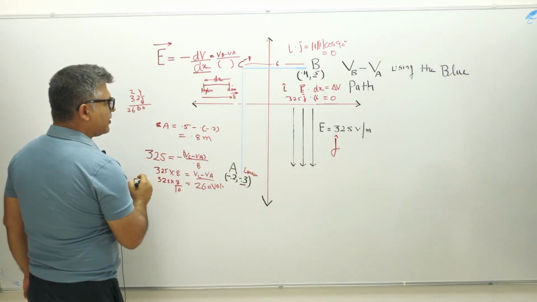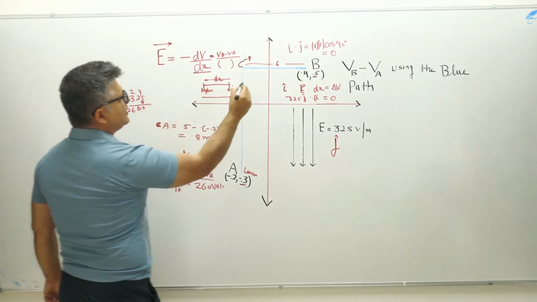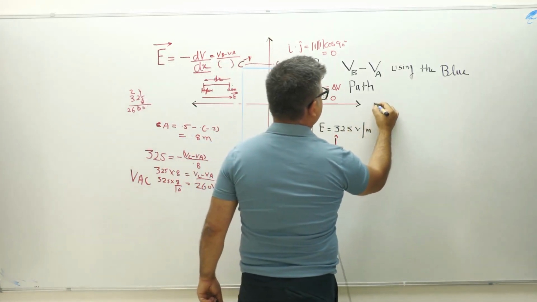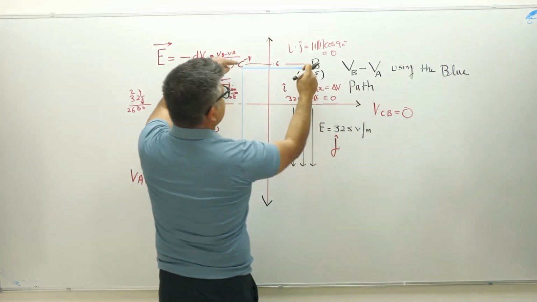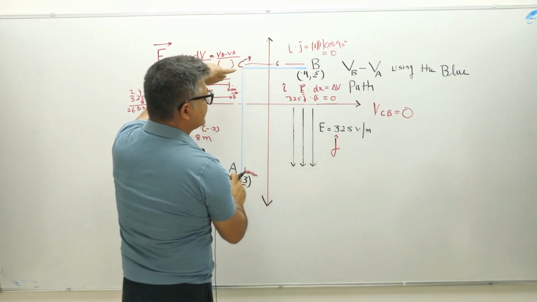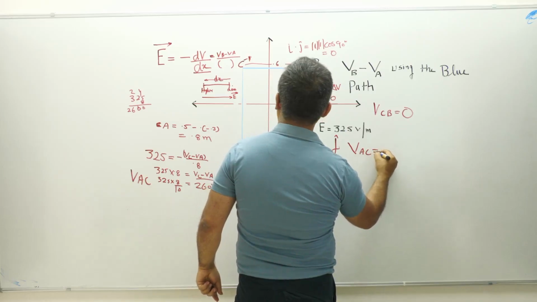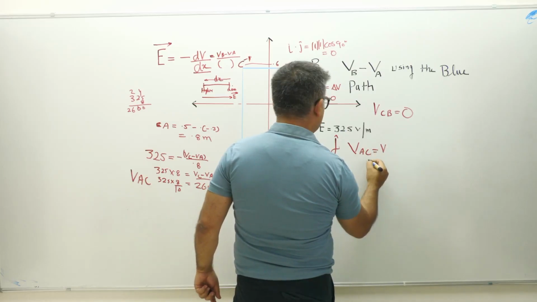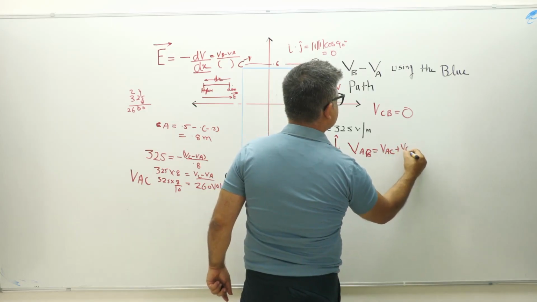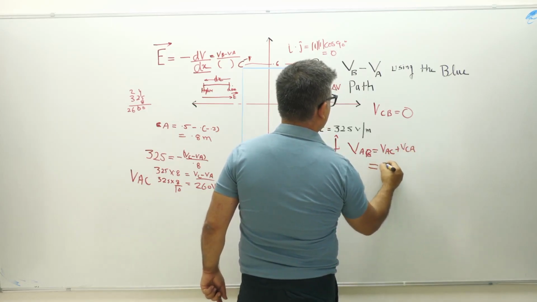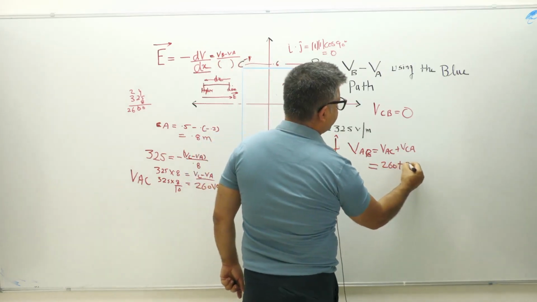So this was for your VAC and your VCB. Let me just write it here. VCB is equal to 0. This part is 0 and this part is 260. The net potential, VAB, can be written as VAC plus VCB, which is 260 volts gain and 0, nothing, right?